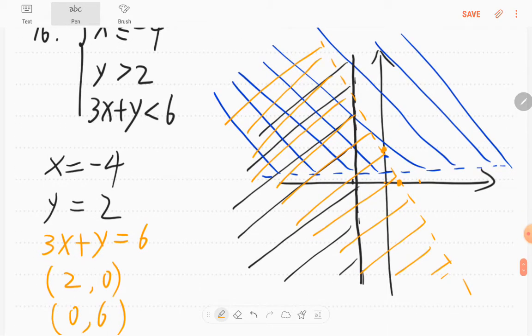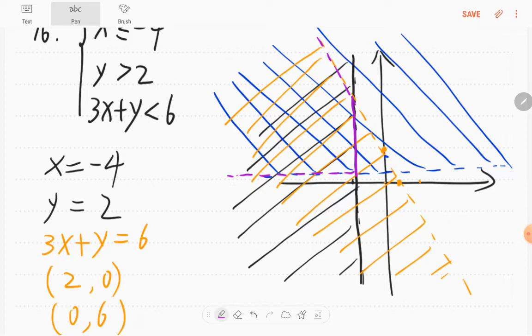So what is the common part for these three shaded regions? Let me draw the graph. Okay, so this would be the common part. This boundary is not included, and this boundary is included, and this boundary is not included.